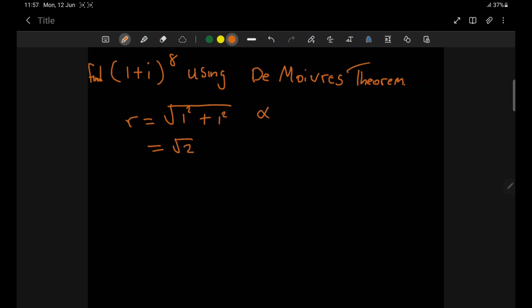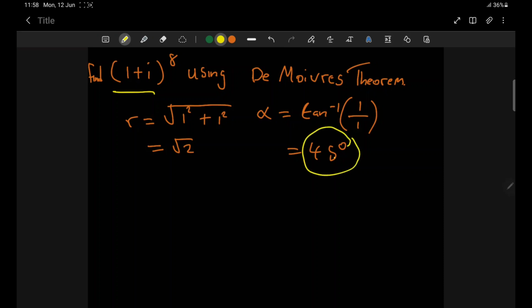Then our reference angle alpha equals tan inverse of y over x, where y is 1 and x is 1. So we're having 45 degrees. If you were to graph this complex number, it lies in the first quadrant, which means our angle is just 45 degrees.